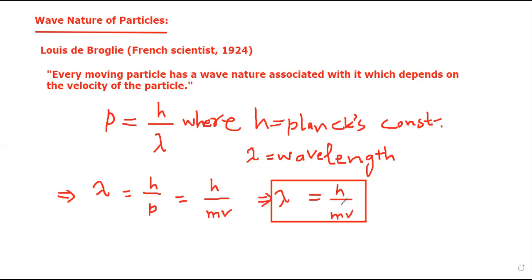This is de Broglie's hypothesis, and later it was considered de Broglie's principle. At that time, scientists were not able to believe this theory, but later on it was proved that the same thing happens.